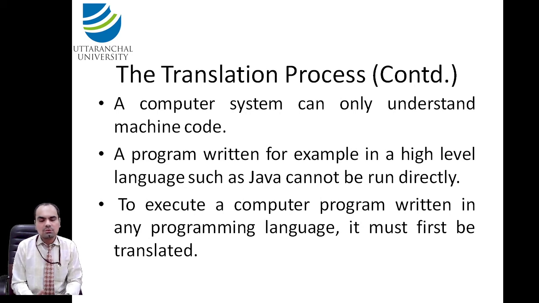To execute a computer program written in any programming language, it must first be translated. This is the initial step. Before execution, we have to translate any program from source language to machine code. This is the actual translation process.